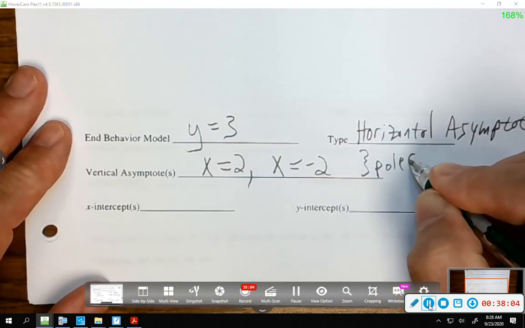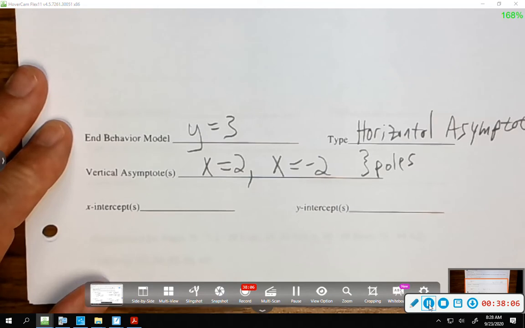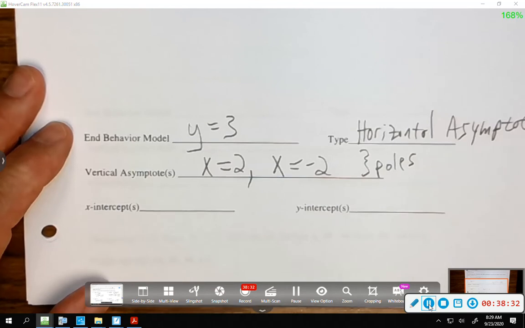Okay? Let's just go ahead and complete the x and the y intercepts while we're down here. X-intercepts occur when the numerator equals 0. 3x squared minus x plus 5 is non-factorable. So you'd have to try the quadratic formula. But when you try the quadratic formula, if you just look at the b squared minus 4ac part, you get a negative number. Okay? So the discriminant tells us it's negative. There are no x-intercepts.